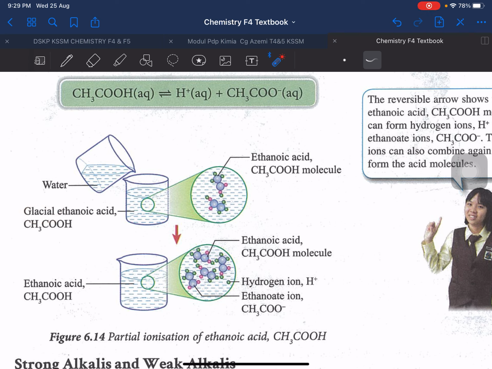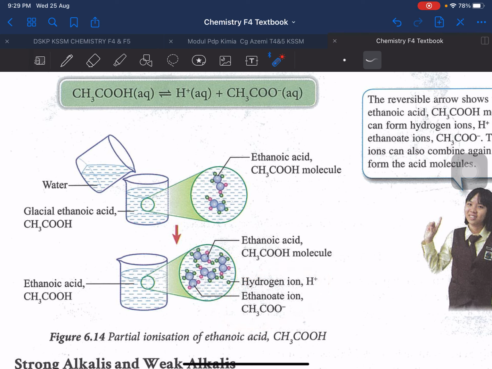Beku, ice. Now, when we add water in glacial ethanoic acid, the ethanoic acid is going to dissociate, akan mengion, menjadi hydrogen ion dan juga ethanoate ion, CH3COO minus. Tapi ingat, dalam 100 molekul, hanya satu saja yang mengion.